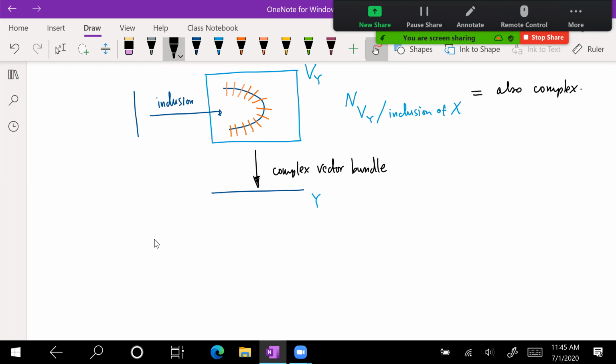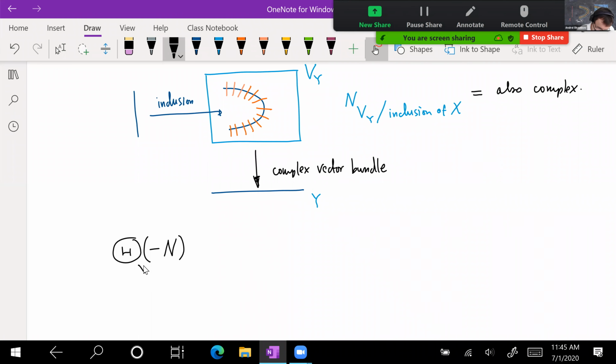So if I take the theta bundle of minus that normal bundle, right?